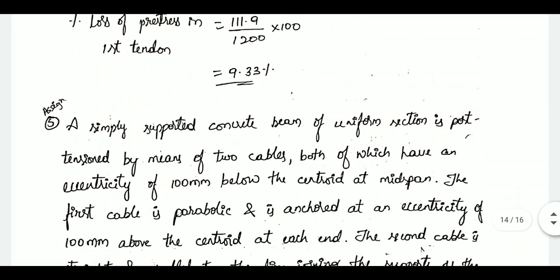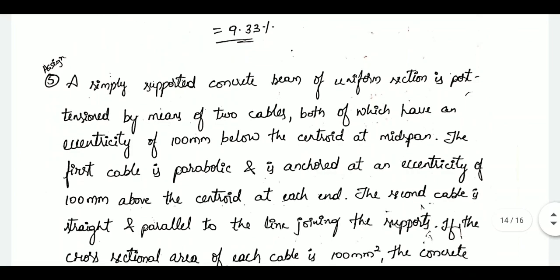Let's move on to the next problem. A simply supported concrete beam of a uniform section is post tensioned by means of two cables, both of which have an eccentricity of 100 mm below the centroid at midspan. The first cable is parabolic and is anchored at an eccentricity of 100 mm above the centroid at each end. The second cable is straight and parallel to the line joining the supports.